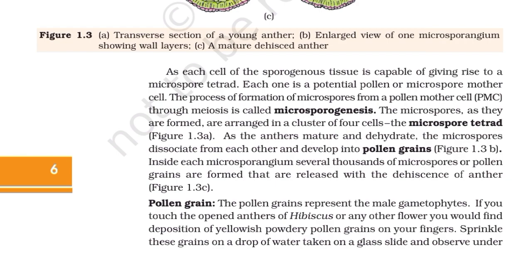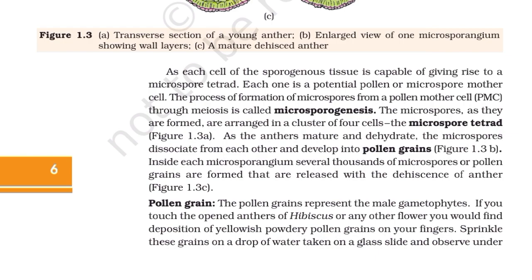The process of formation of microspores from a pollen mother cell, PMC, through meiosis is called microsporogenesis. The microspores, as they are formed, are arranged in a cluster of 4 cells, the microspore tetrad, figure 1.3a.